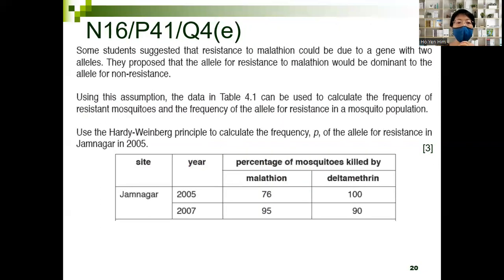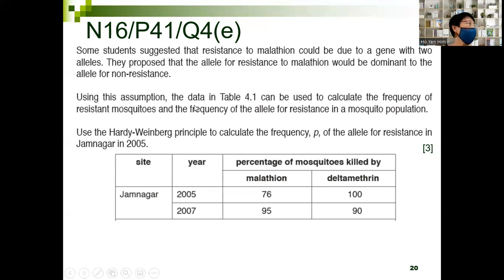So this is a past year question. Resistance to malathion would be dominant to the non-resistant. So resistance to malathion, which is a chemical, is coded by a dominant allele.